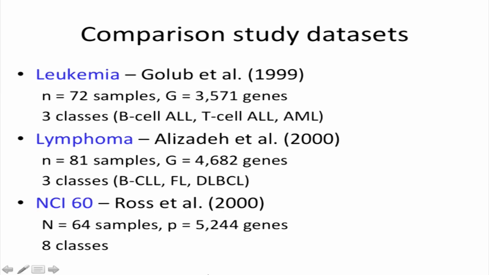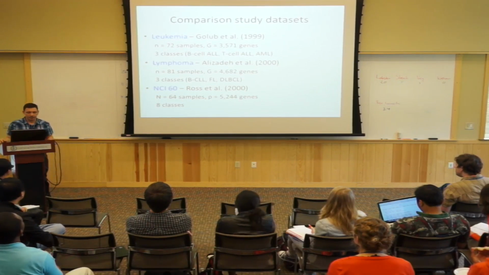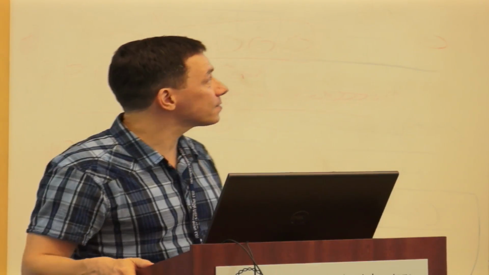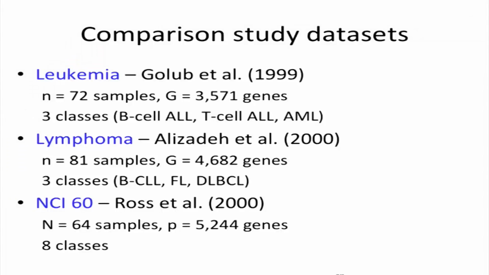The reason was that the classification into B-cell ALL, T-cell ALL, and AML could be accomplished because these tumor classes are extremely distinct. And so, unfortunately, these early successes misled many of us to think that, oh wow, we can really classify cancers very well. And that just didn't turn out to be true.